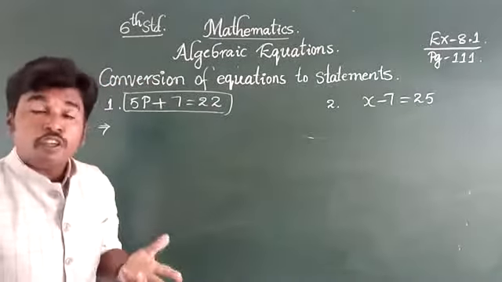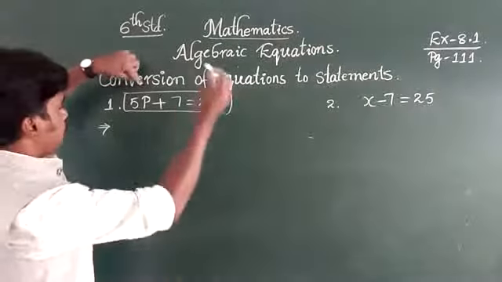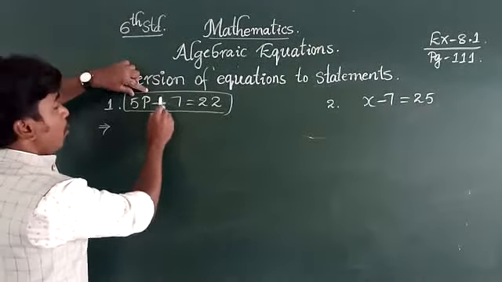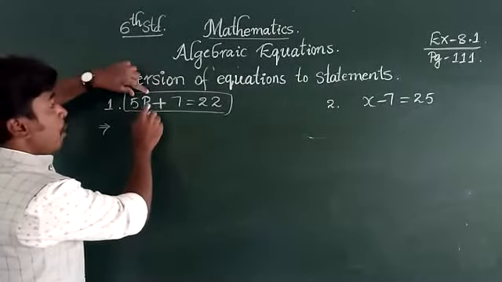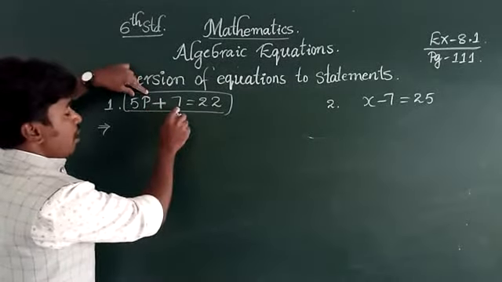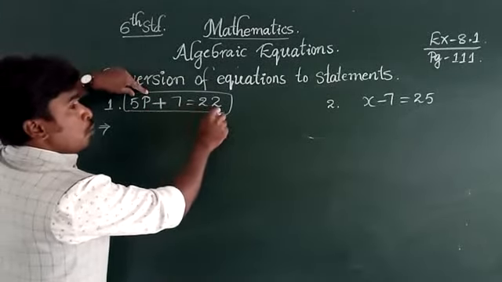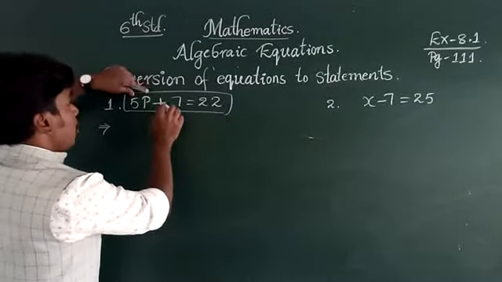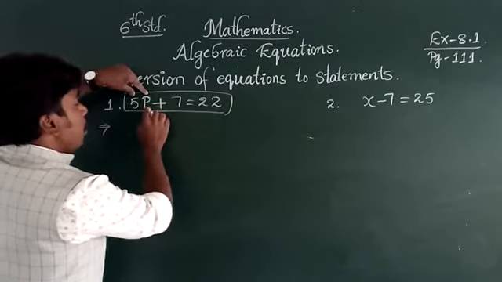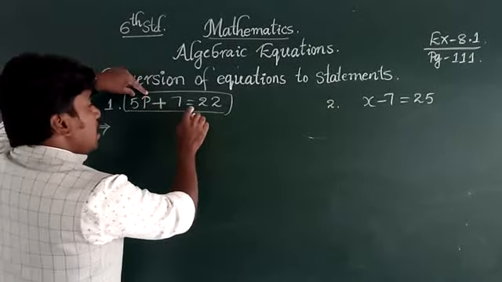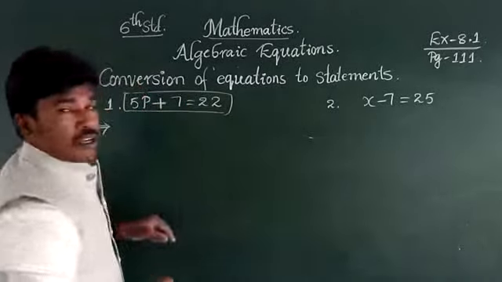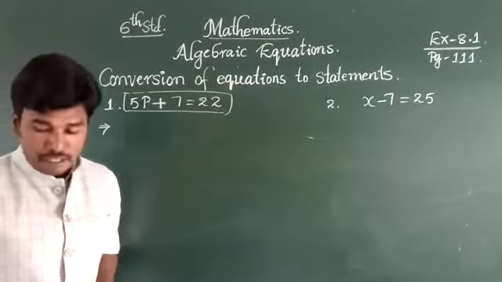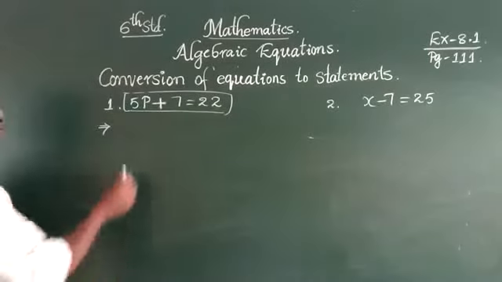Or another way you can say it is: the sum of 5 times a number p and 7 is 22. I hope you understood. In these two methods you can write the statements in sentence form.